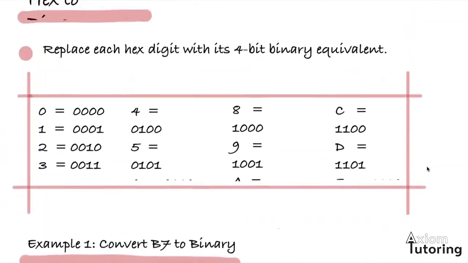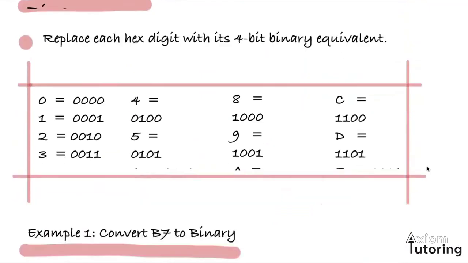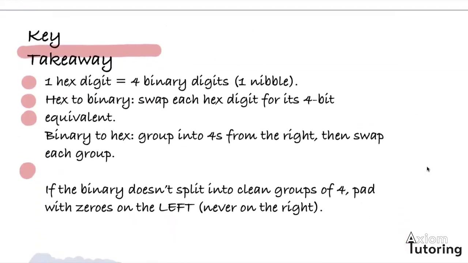Remember this table that we showed at the beginning? It is very useful to learn this by heart, as it will come very often into problems. And in order to convert from binary to hex, remember we group into groups of 4, and we start from the right, and then we swap each group for its hex representation.